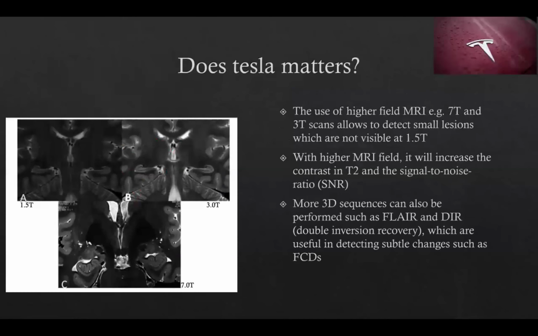So when we are dealing with patients with epilepsy, does Tesla matter? Is it important for us to have the best technology to look for the possible findings? Yes, it does. If you have a higher field MRI, you might be able to see the causes better.